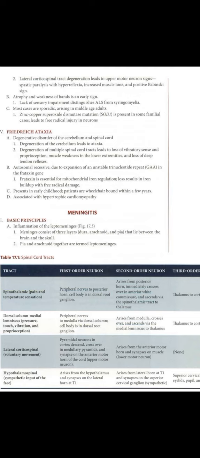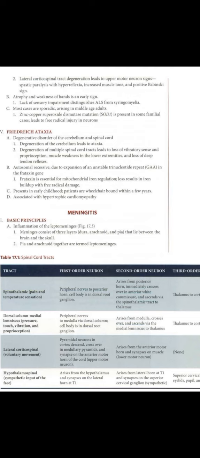Lateral corticospinal tract degeneration leads to upper motor neuron signs: spastic paralysis and hyperreflexia, increased muscle tone, and positive Babinski sign. Atrophy and weakness of hands is an early sign.